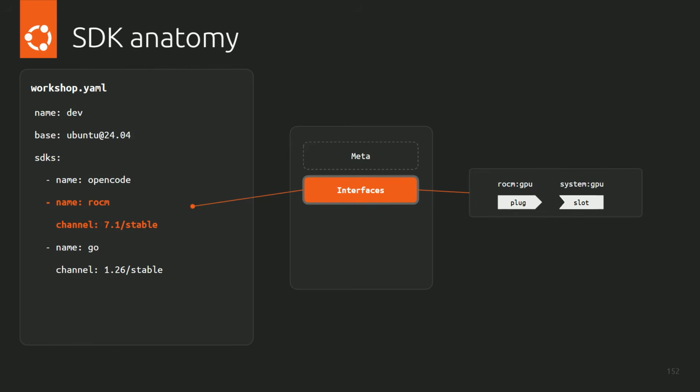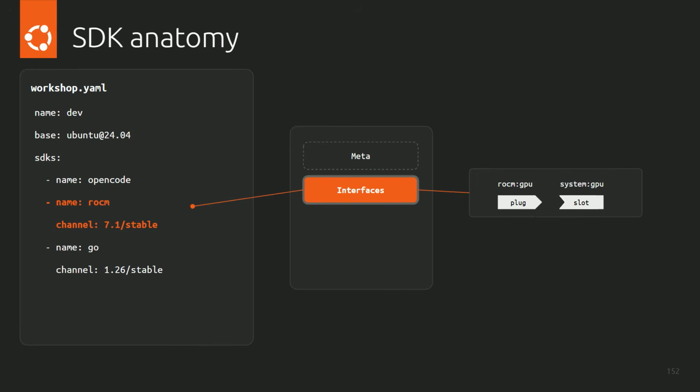The interface system in workshops is the exact interface system that we have in Snaps, only it was adopted for the workshop scenario, and it is used in a uniform and, in my opinion, more disciplined way to provide a resource into the container when an SDK needs it.